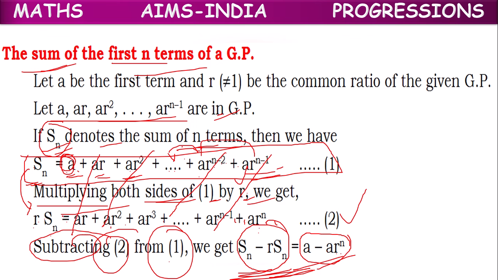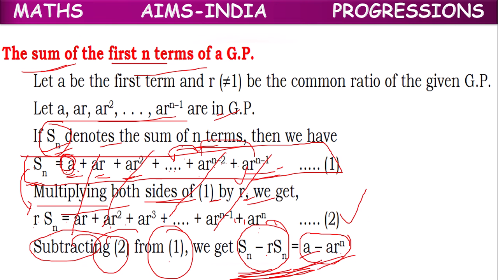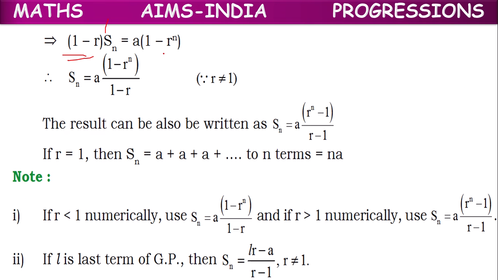So here, if you take Sn common, 1 minus r Sn, if you take a common, 1 minus r power n will remain. Sn equal to, this 1 minus r will come here, Sn equal to a into 1 minus r power n by 1 minus r.